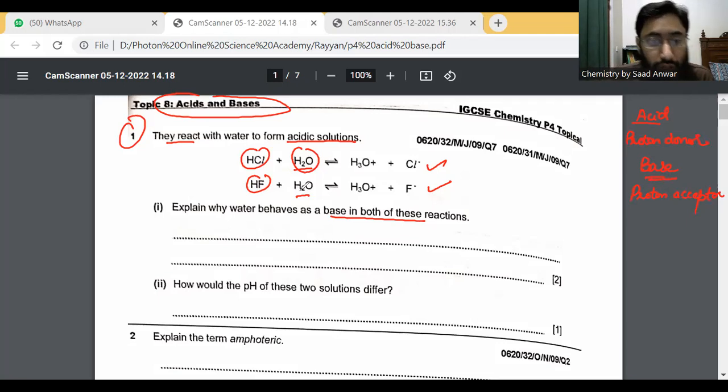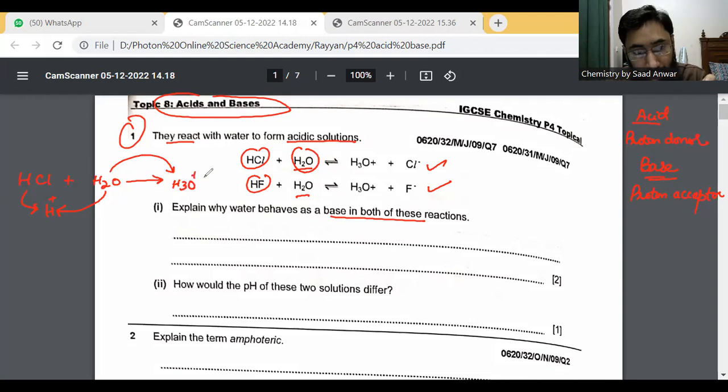So here you can see that when we talk about HCl, let me explain the reaction by writing here. This HCl is donating a proton and water is accepting that proton. When H2O, which is water, accepts that proton, water will convert into H3O+, and HCl by donating proton will be converted into chloride ion.